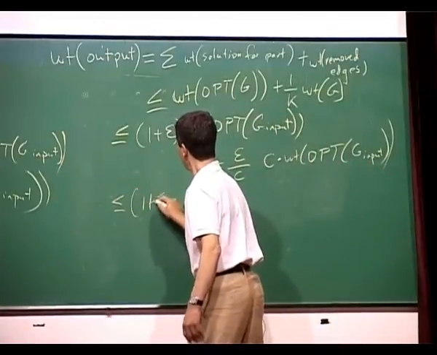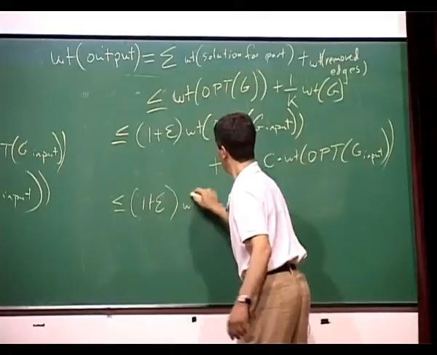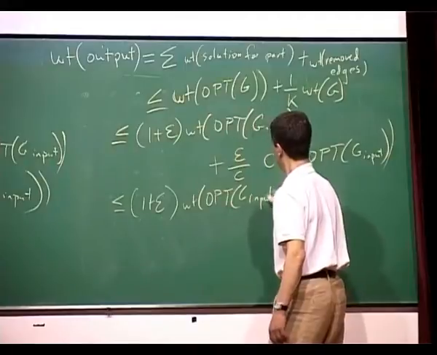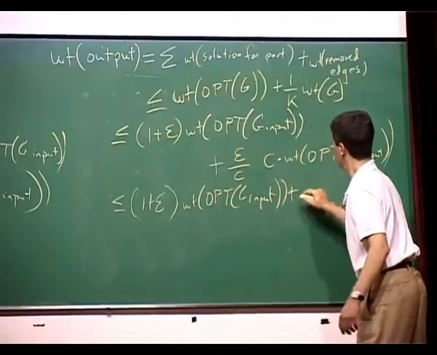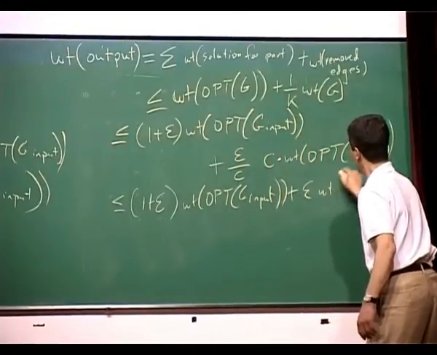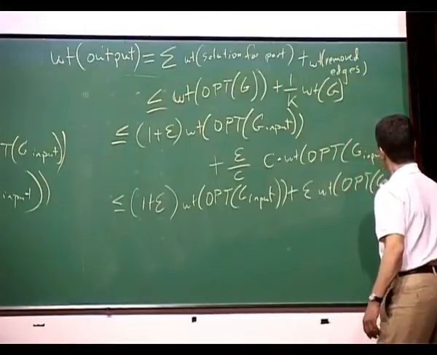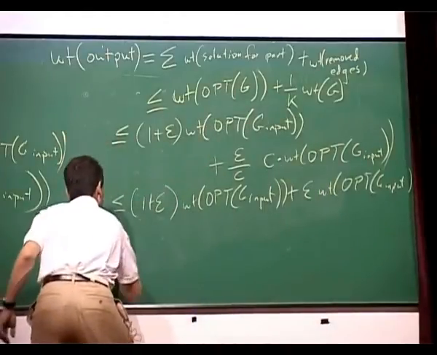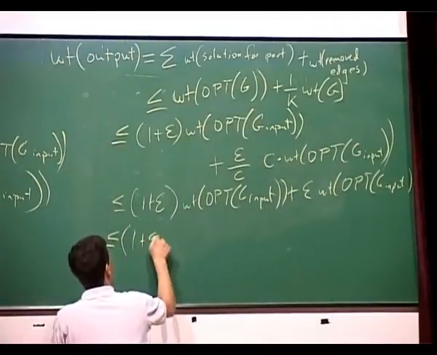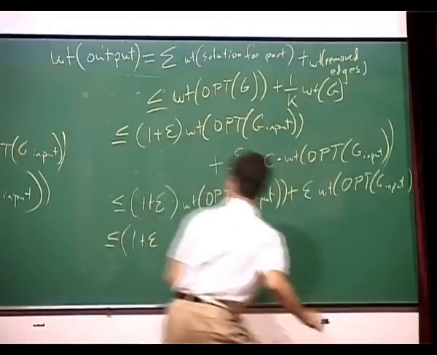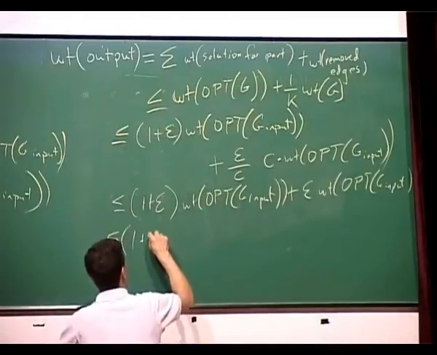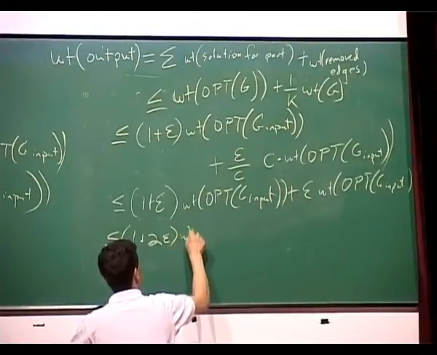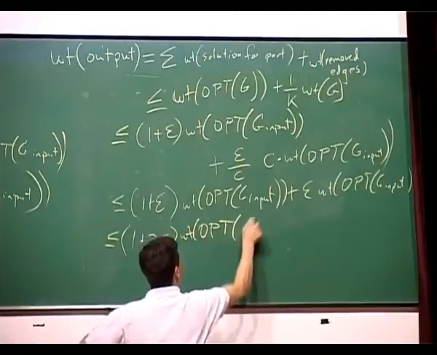So putting that together, it's 1 plus epsilon times the weight of opt of G input, plus epsilon times the weight of opt of G input, so 1 plus 2 epsilon times the weight of opt.